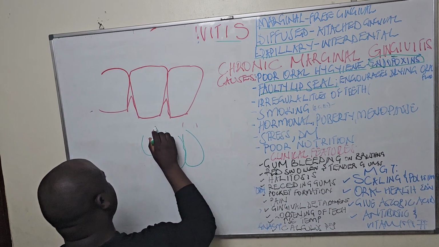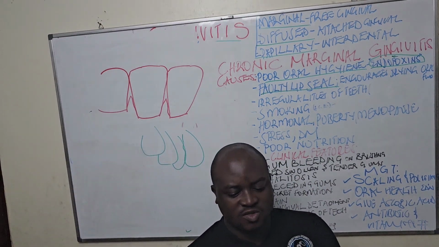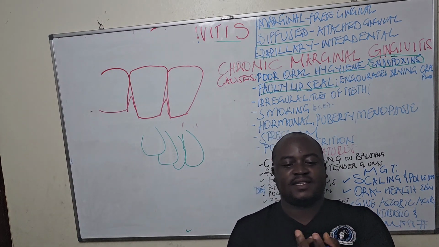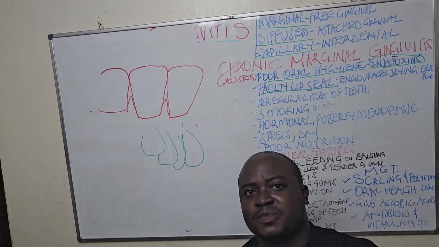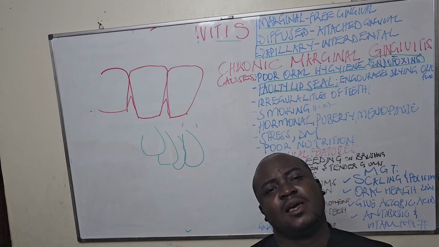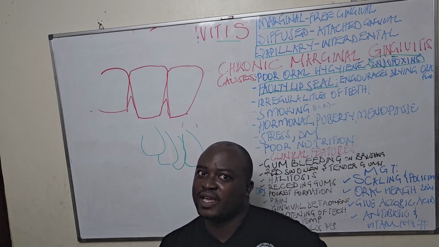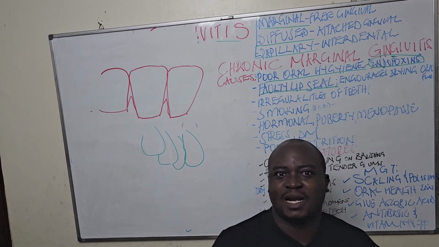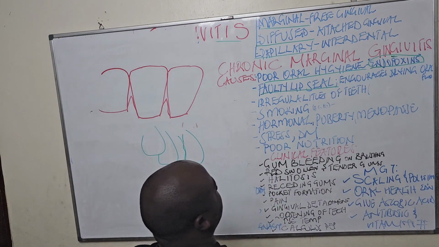The teeth are so squeezed that they are difficult to clean. Of course, brushing becomes difficult, and even flossing becomes difficult. So when this happens, we find there is a lot of plaque, and plaque-induced gingivitis will always be what? A problem.